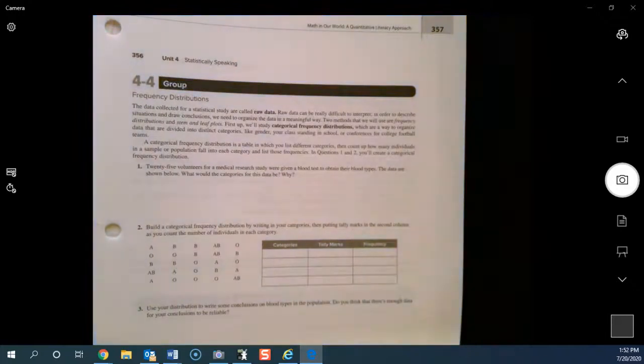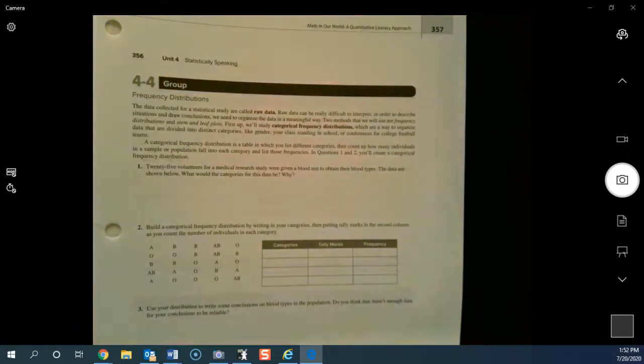Okay, now we need to move on here. We have frequency distribution. Now, it says here the data collected for a statistical study are called raw data. Raw data can be really difficult to interpret. In order to describe situations and draw conclusions, we need to organize the data in a meaningful way. 2 methods that we will use are frequency distributions and stem and leaf plots.